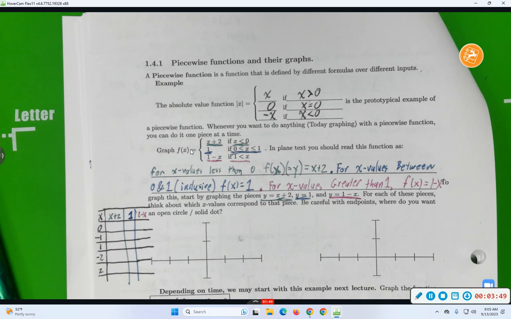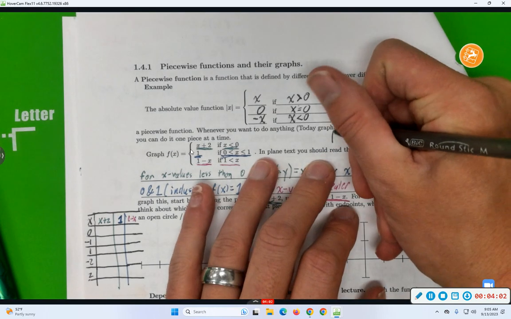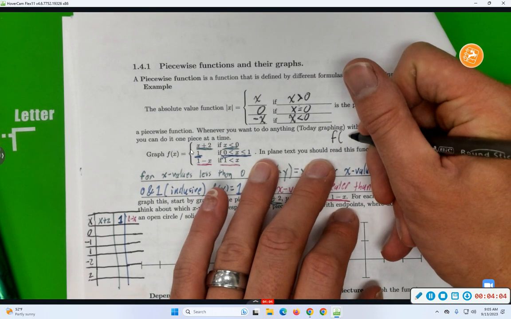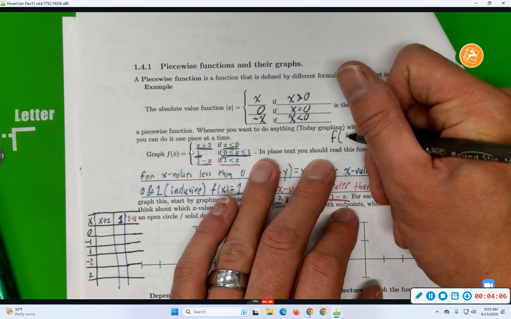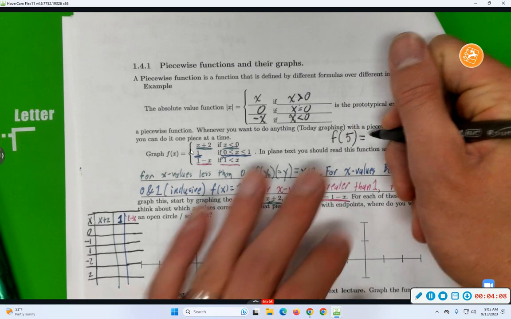Now let's try to graph this thing, right? This is a rule. If you give it any input value, you can always find an output value. So it's a function. Maybe just to hammer that home, let's suppose I gave you that piecewise function and asked you to compute f of 5. What would you need to do?